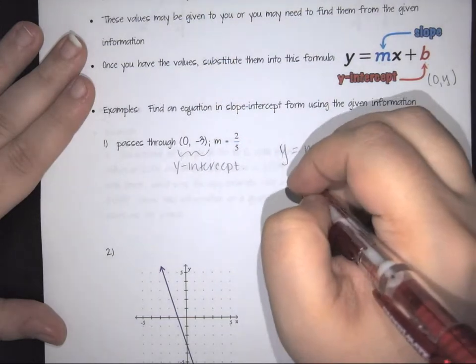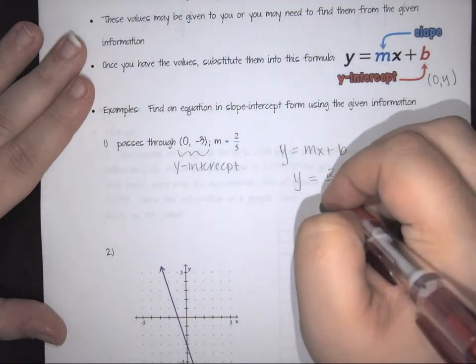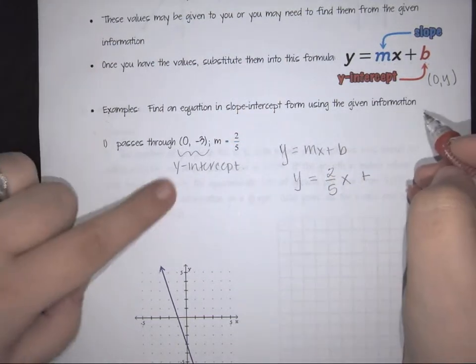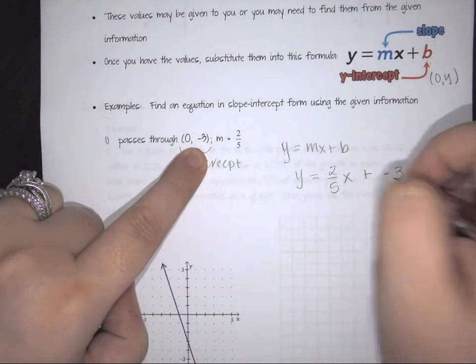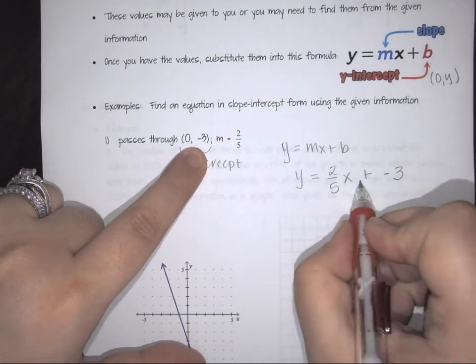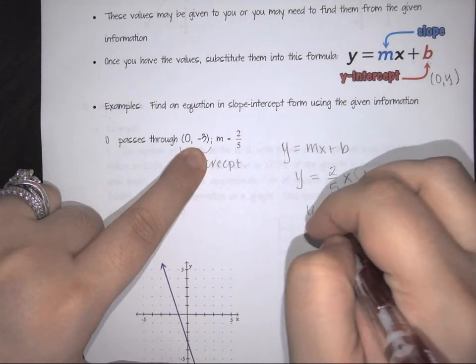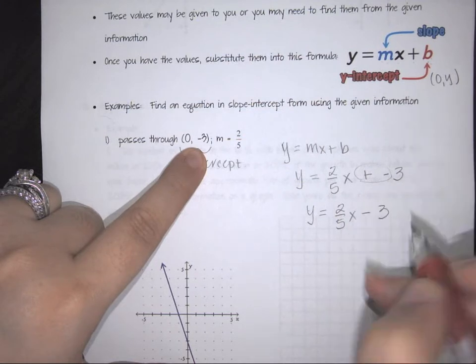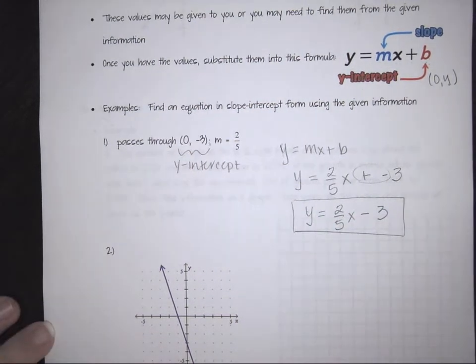So here this is going to be y is, my slope is 2/5 x plus my intercept here is the -3. So now you have plus a negative, so we like to condense that down. So y equals 2/5 x minus 3.